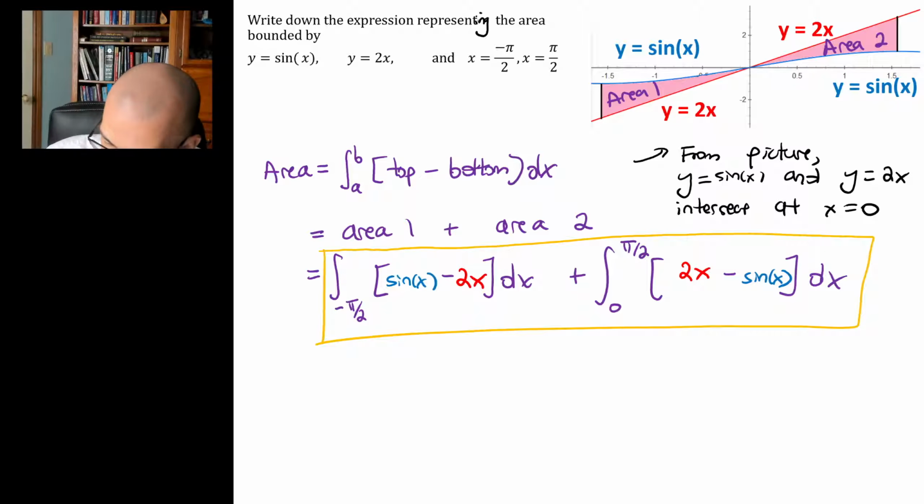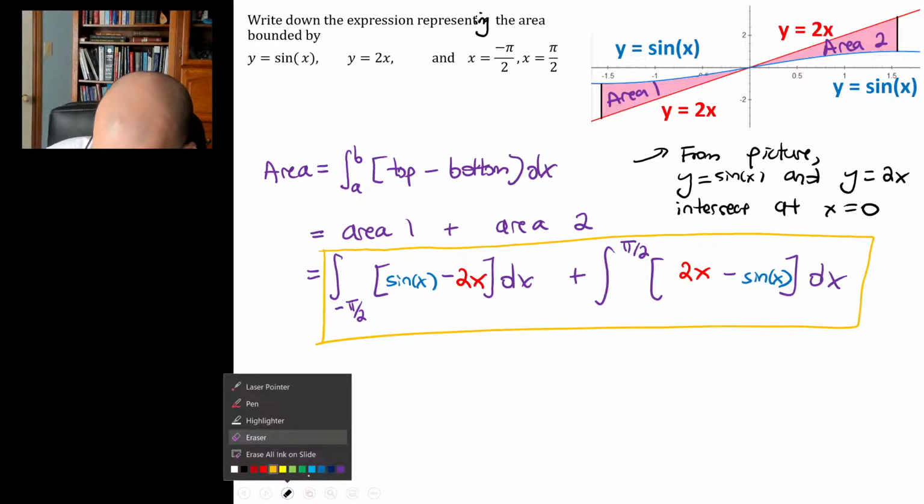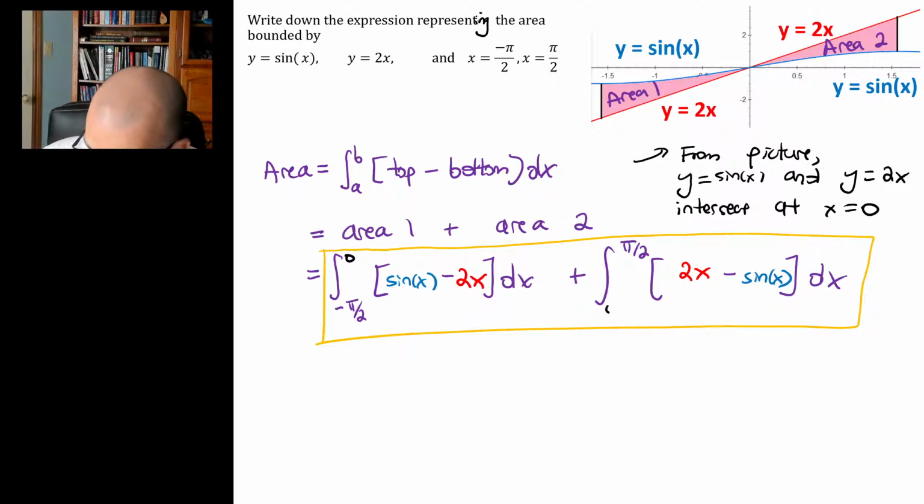And I'll just color code those zeros. The zeros came from an analysis of where do the functions cross. That's where we split the integral up.